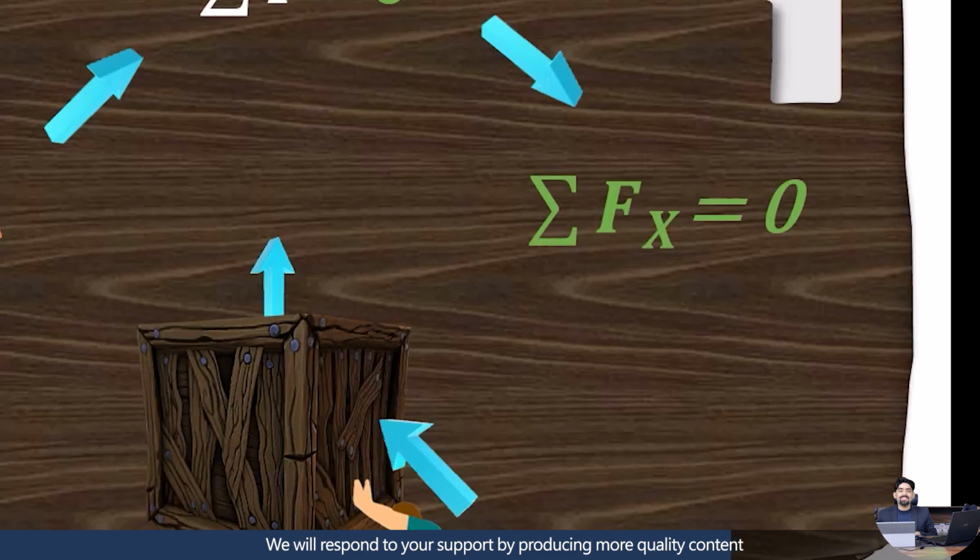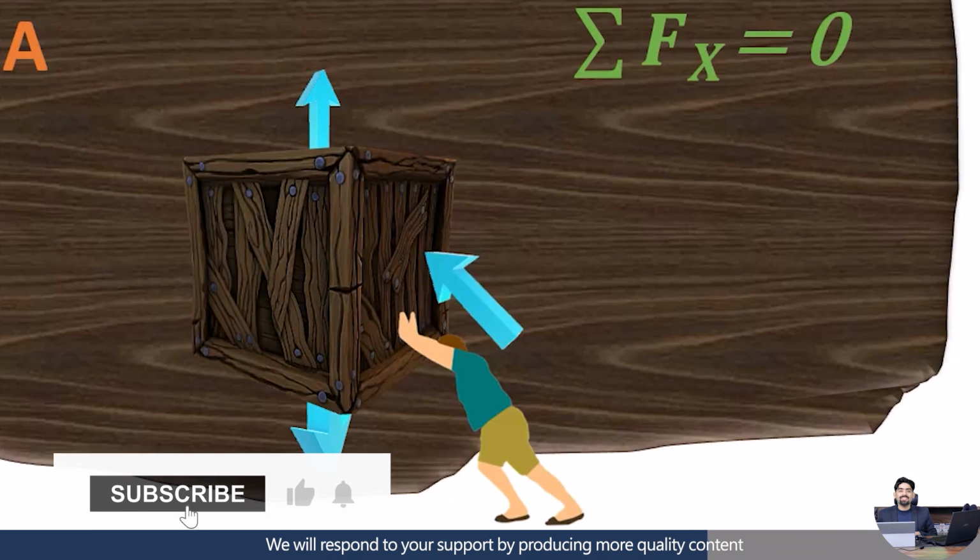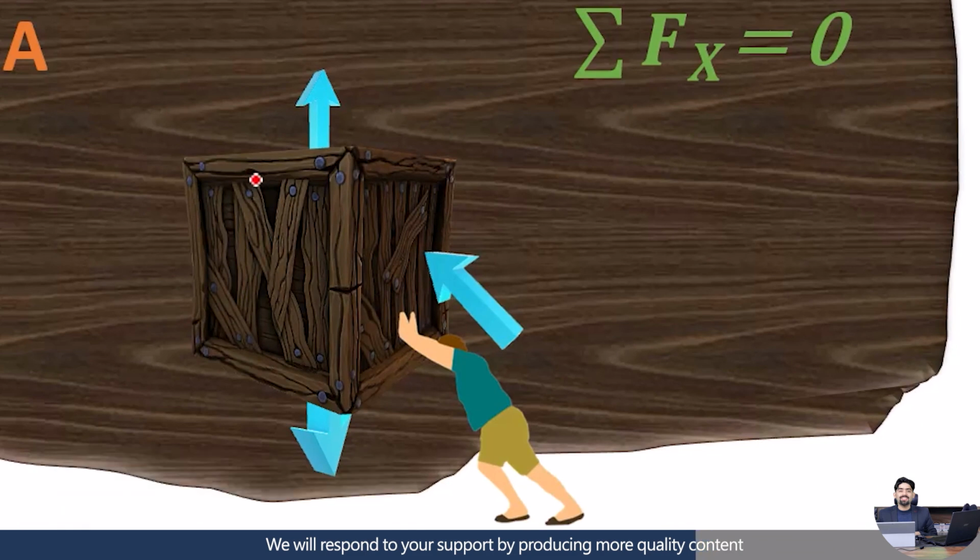New question. Why doesn't the box go up? Think about it. This is the force here. What is the result? Because gravity has stopped it.